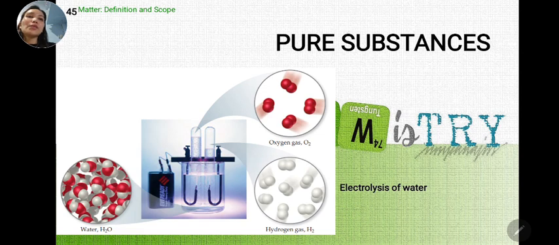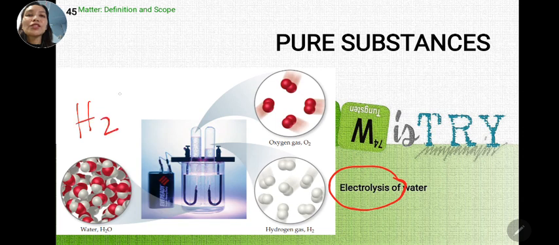So, this is the example of separating a pure substance like water. It's a pure substance. It does not change in its composition all throughout. And yung separation niya into elements is done through electrolysis. So, yung water natin is made up of two hydrogen atoms and one oxygen atom.